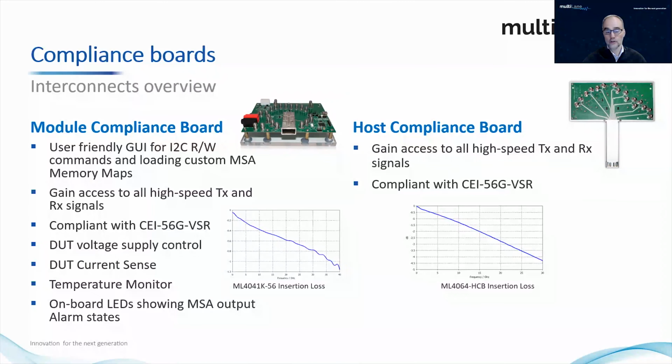It has a bunch of controls, like you can customize the voltage control, you have access to current sensors and temperature monitors to really control and validate the transceiver. Host compliance boards are a little bit simpler. They're basically just a fixture to provide access to the high-speed transmitter and receiver signals.